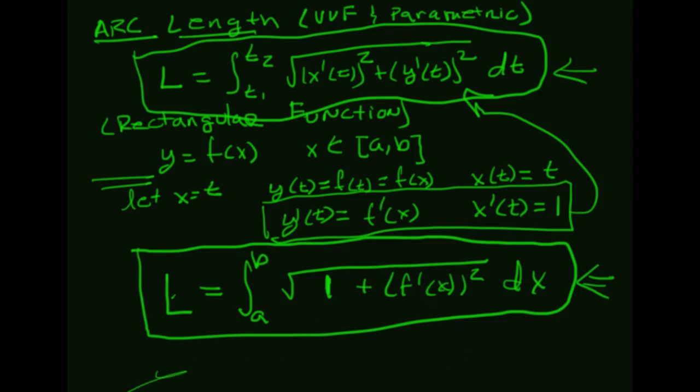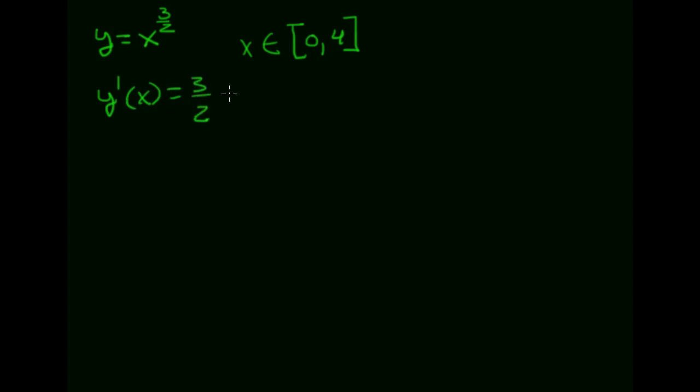Let's get an example of this. Let's say we want to find the length of y equals x to the 3/2 on the interval when x is going from 0 to 4. So I need the derivative of this. y prime of x is going to be 3/2 x to the 1/2, because that's minus 1.